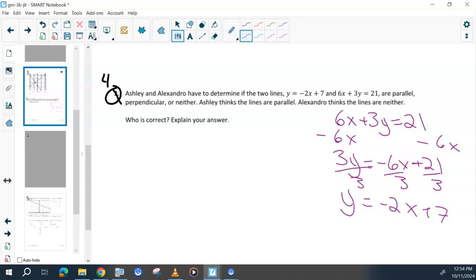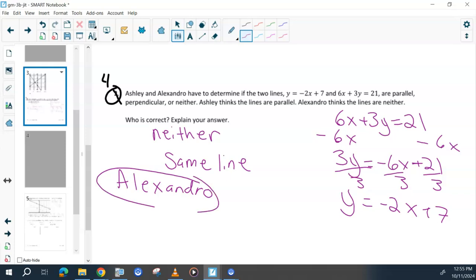So it's actually neither. Okay, questions on that one?